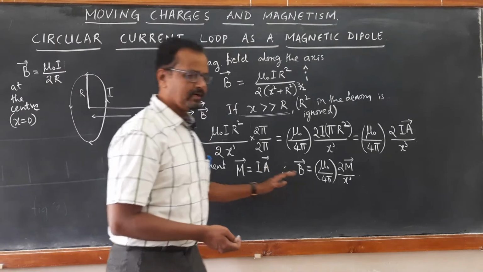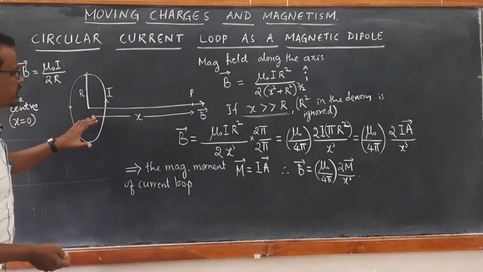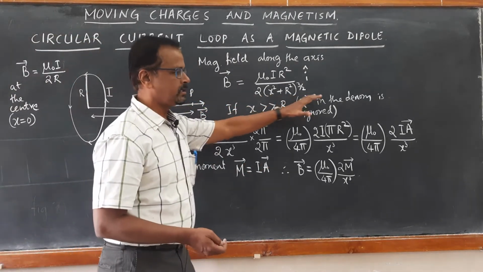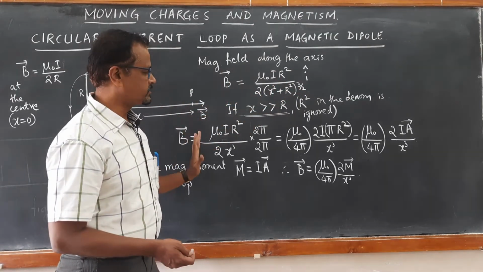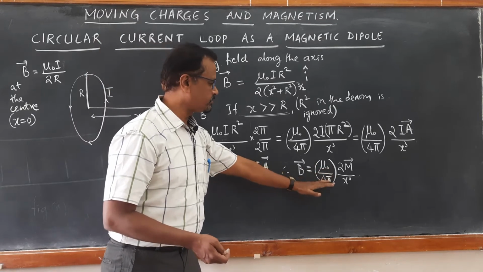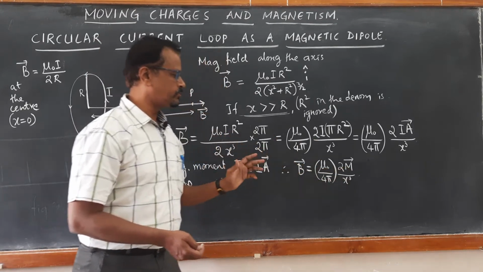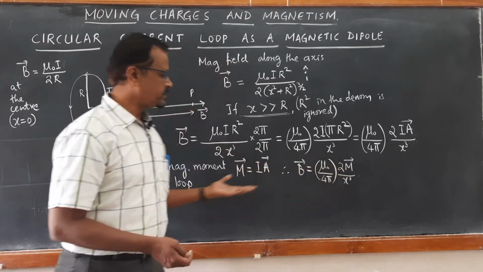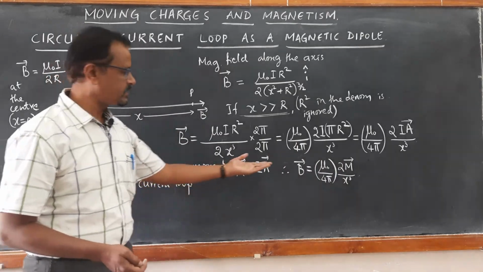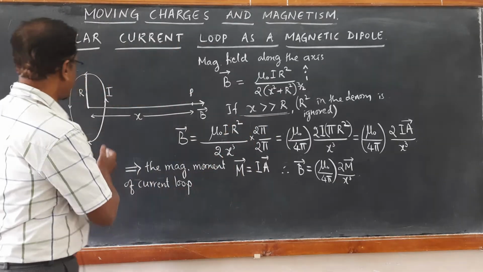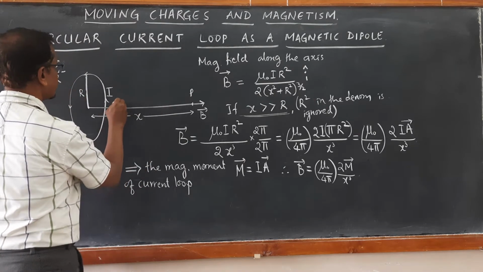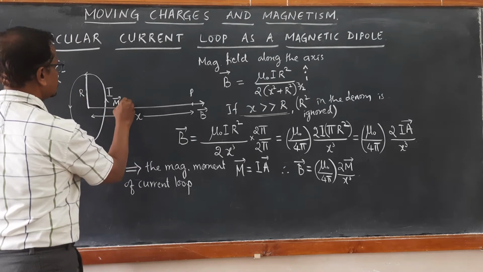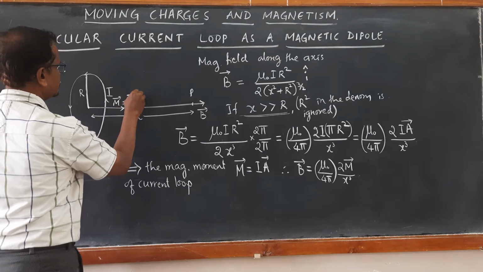The magnetic field of this circular loop at any point P lying along the axis at a far away distance is given by B equal to mu naught upon 4 pi into 2m upon x cube, where m vector is in the same direction as that of the magnetic field vector. So m is equal to IA vector, which are in the same direction.